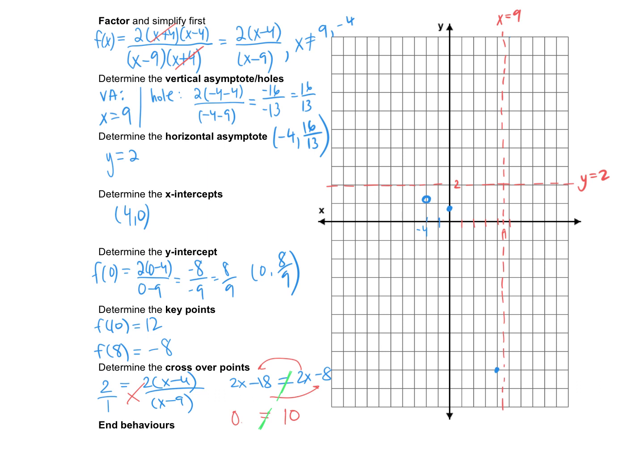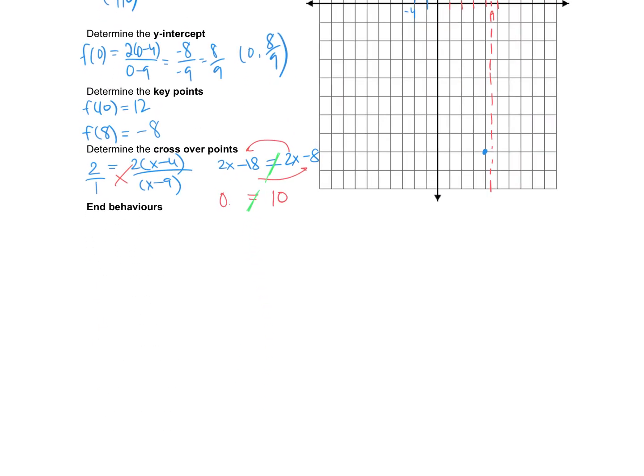So here we are. I already have an idea, like I said, that this is going to connect like this. So I already have an idea about my end behaviors. Below 2 towards negative infinity. And I'm thinking my other arm will be here because we did have that point up in the positives. But we're going to do our end behavior test just to be certain.